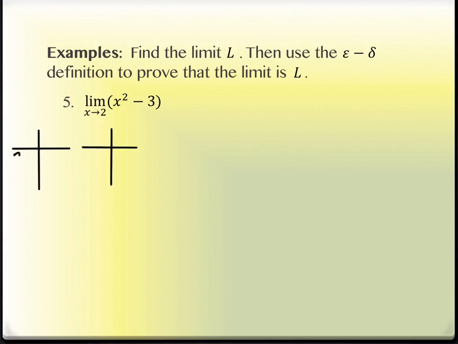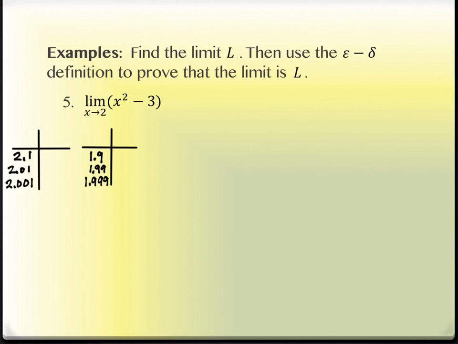So I've got 2.1, 2.01, 2.001, 1.9, 1.99, and 1.999. We're going to let our calculator do the hard part.